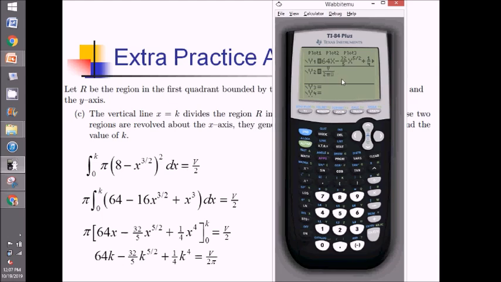All right, so where do we intersect on this? I have no idea, but I know it's going to be somewhere between, hopefully, 0 and 4, because 4 was our limit of integration when we found the area and revolved the whole thing. So let me go to my window, and I'm going to make this 0 to 4. And let me do zoom fit now so I can get a good picture of where these things actually cross.